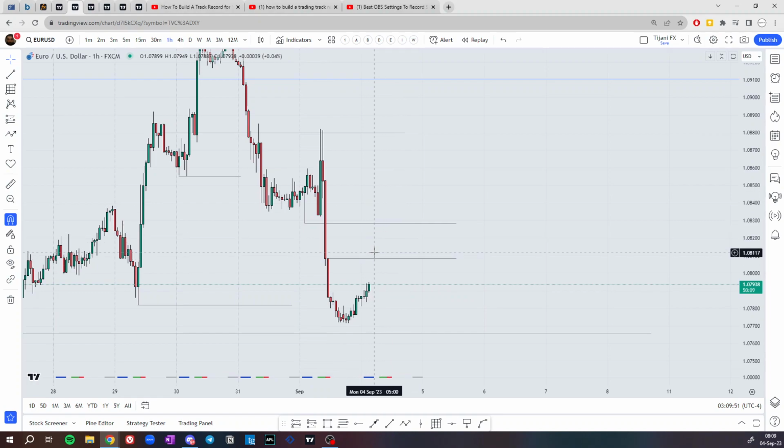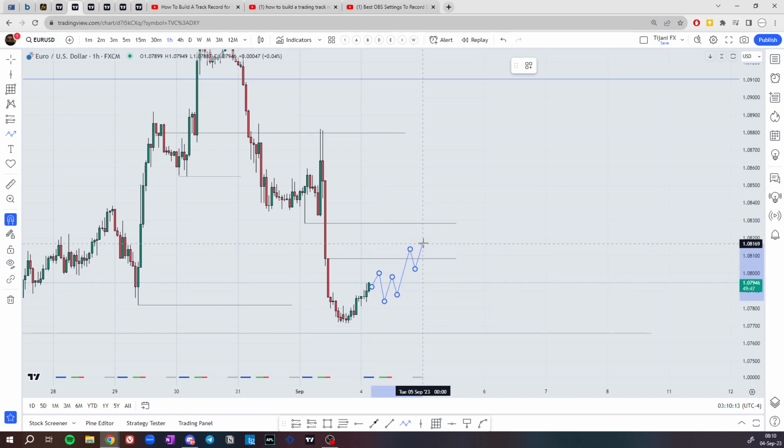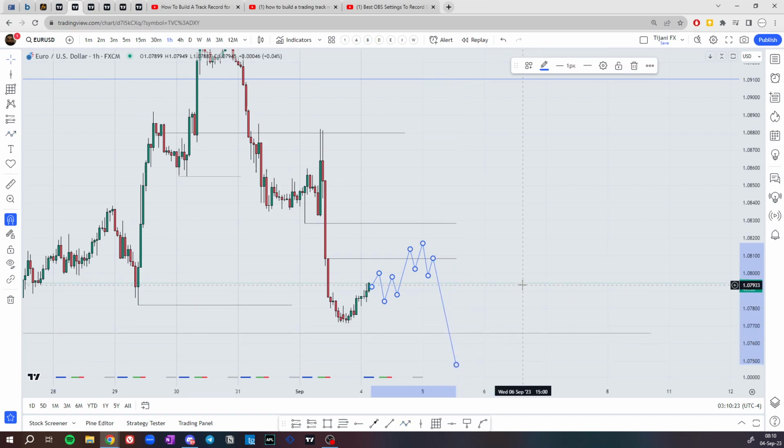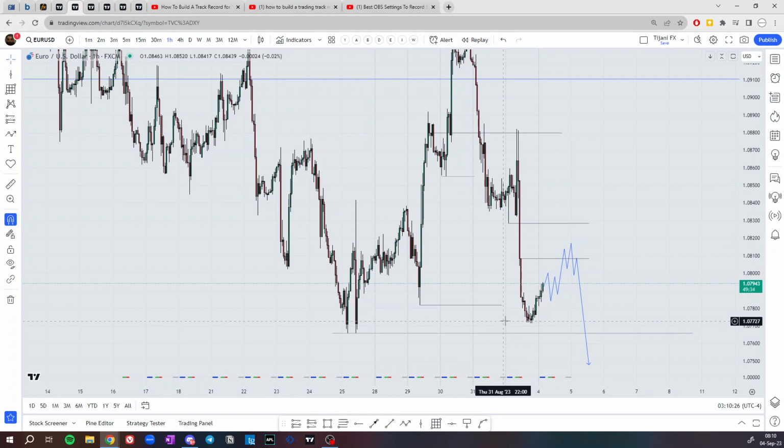So I'm waiting for this level now, and we could see some kind of Monday consolidation, then Tuesday the high of the week, that would make some break of market structure, a shift, then an entry here to drop lower at New York or maybe at Wednesday for a continuation lower, taking the sell side liquidity below these lows here.